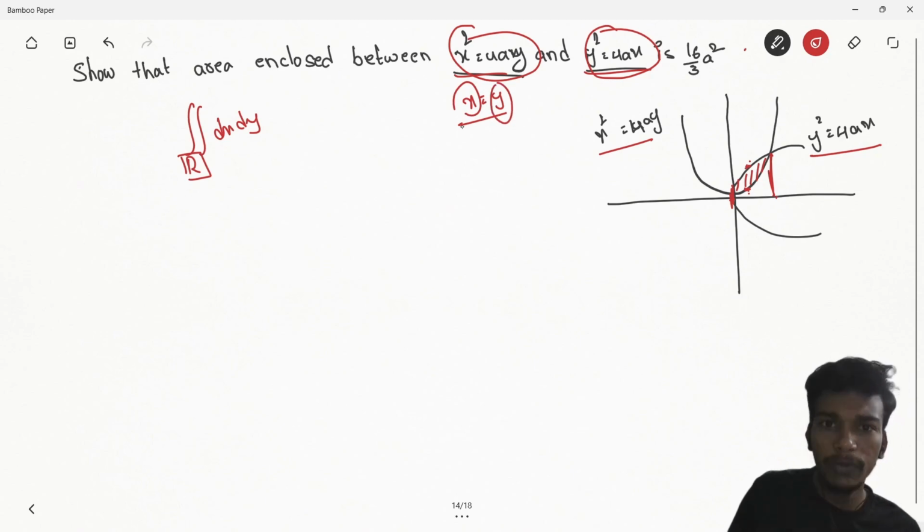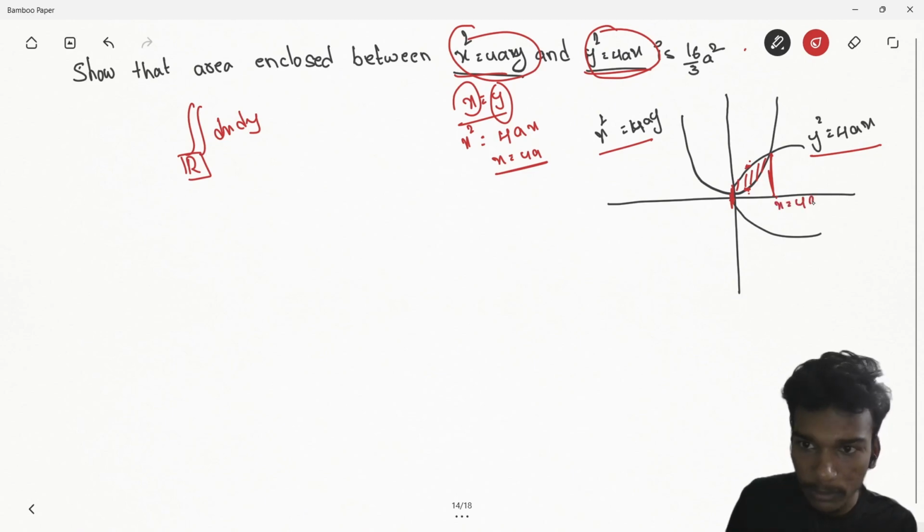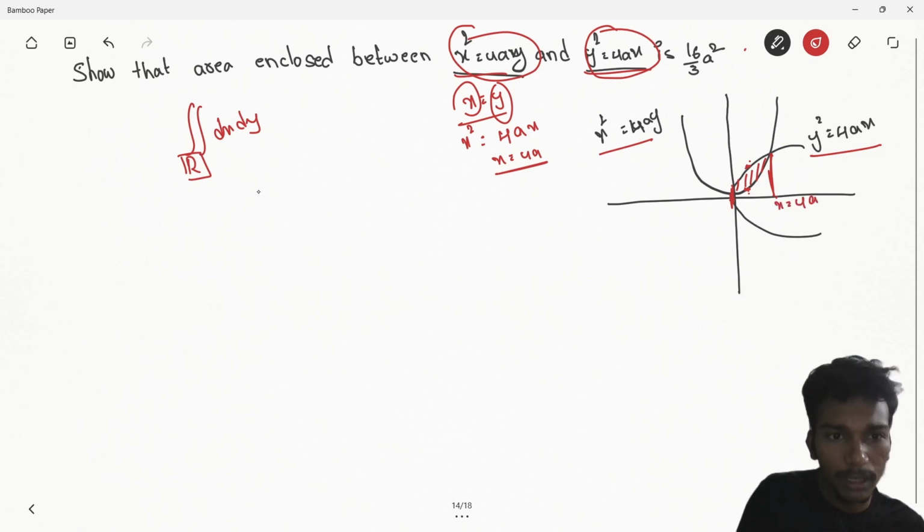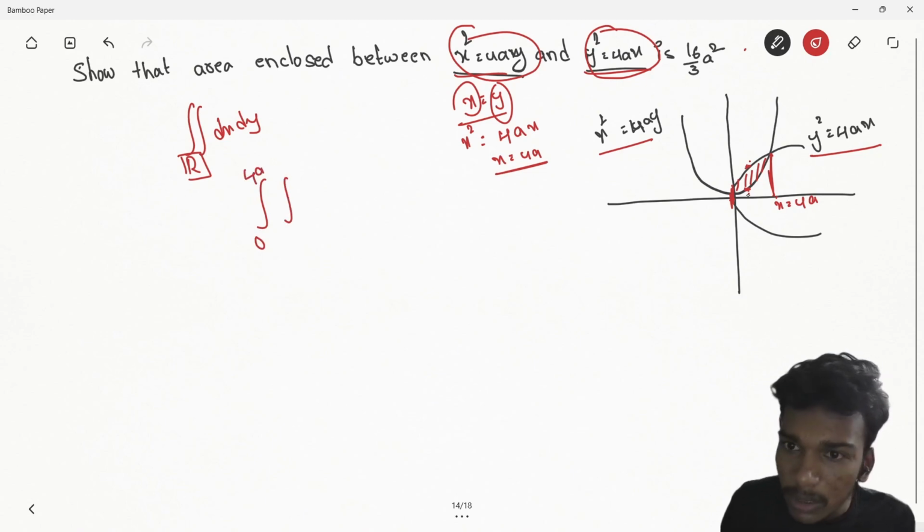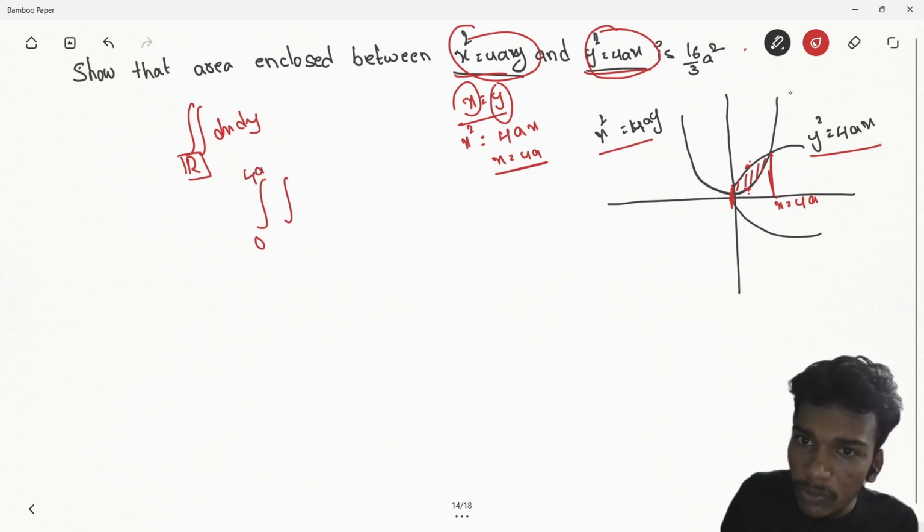If I put y equal to x in x square is equal to 4ax, then x equal to 4a, right? One x will get cancelled and we get x equal to 4a. Now I've got the limits of x and the limits of y. The limits of x are 0 to 4a. For the limits of y, the equation x square is equal to 4ay gives y equal to x square by 4a.